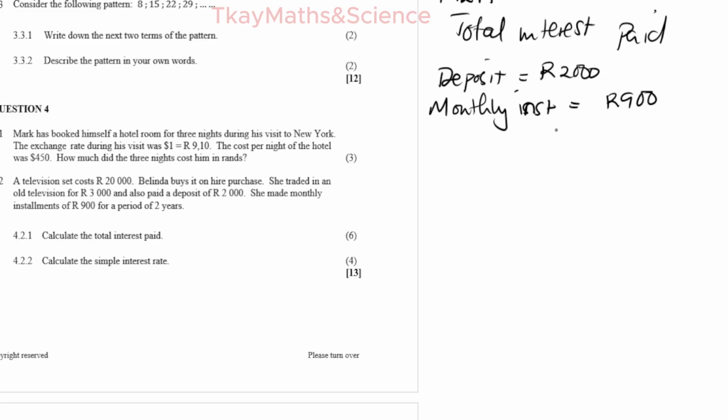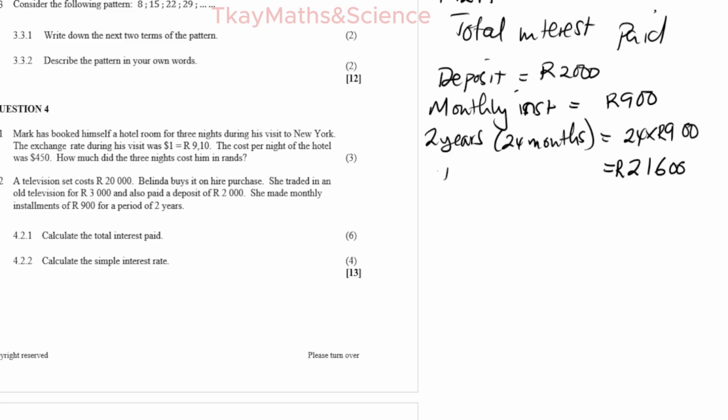After 2 years, that is 24 months, the total of the installments will be 24 times 900 rands. So we're going to have 21,600 in total in the installments.